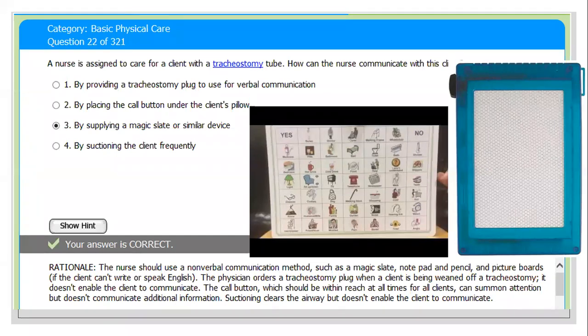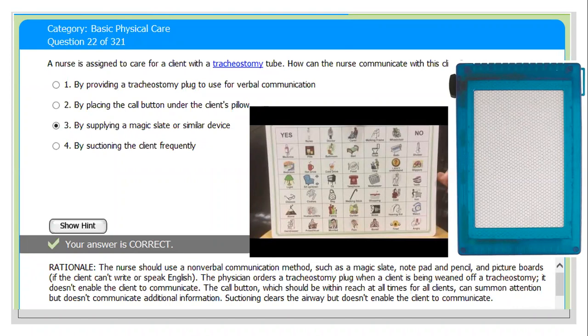The major aspect of nursing care of a patient with a tracheostomy is communication. In most situations, communication is primarily nurse initiated and controlled.